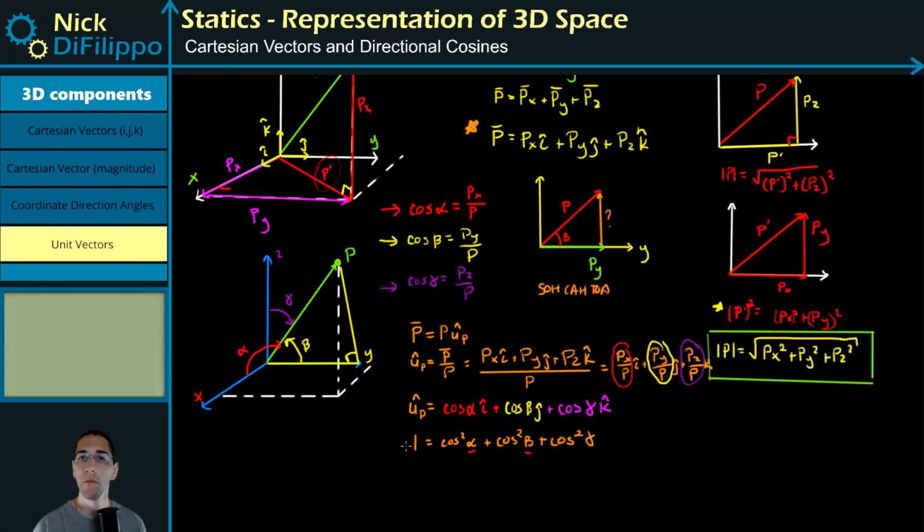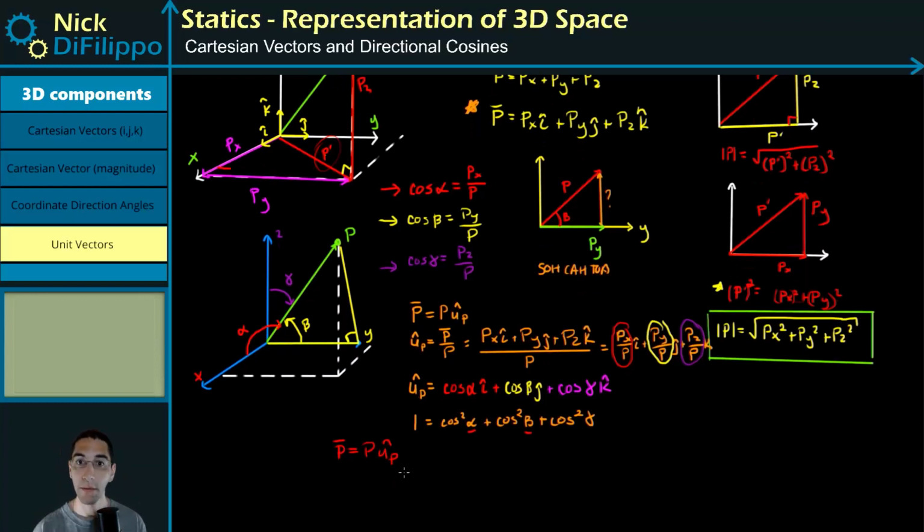Now finally, we can write one more alternative form with cosine angles and vectors. So if I have this vector p, it is equal to the magnitude times my unit vector. Now we have an alternate expression for this unit vector, right? We already have an expression for that. So this is going to be equal to p times the cosine of alpha i plus the cosine of beta j plus the cosine of gamma k.